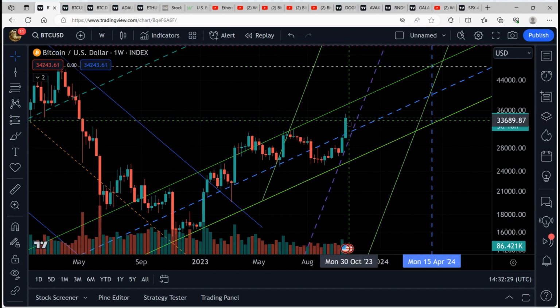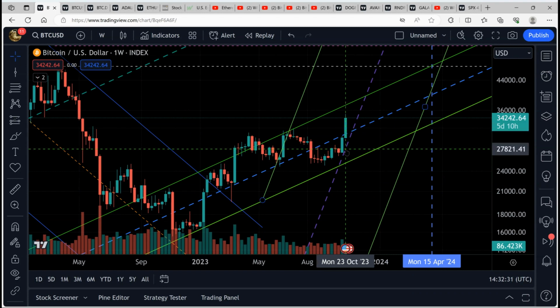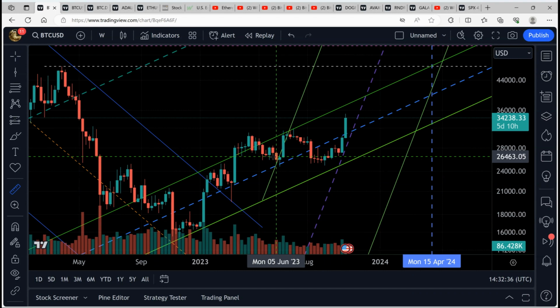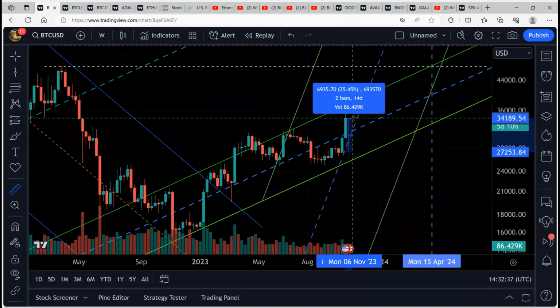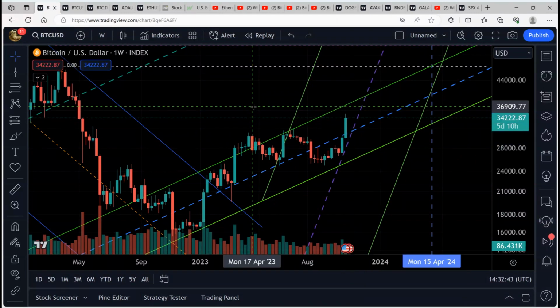And you might think it's blasting off to the moon right now, but it's only up 25%, which is nothing when we're going to go up 1,000%.